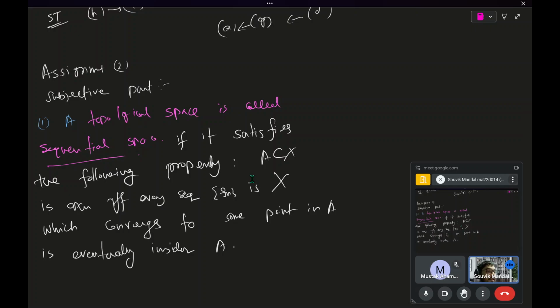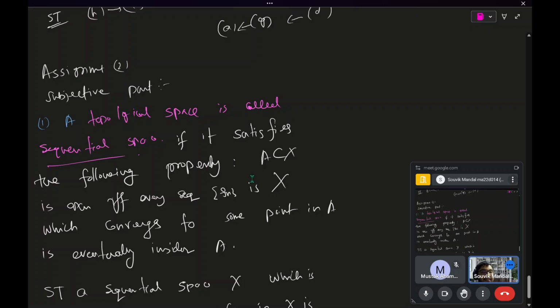Now the question is to show that a sequential space X which is Hausdorff belongs to the category of compactly generated spaces, that is, X is compactly generated.